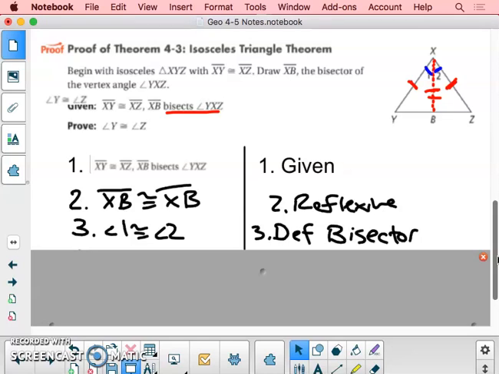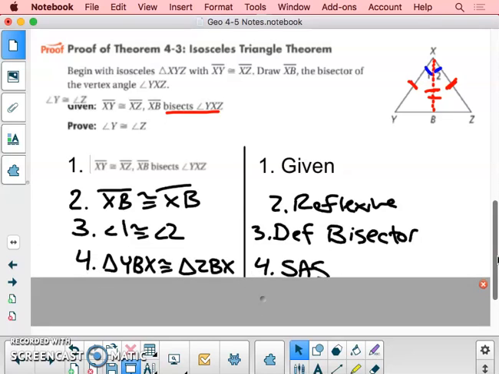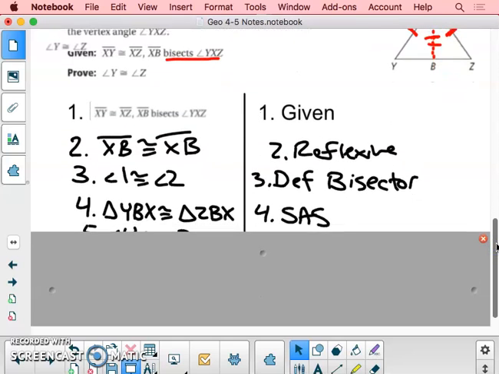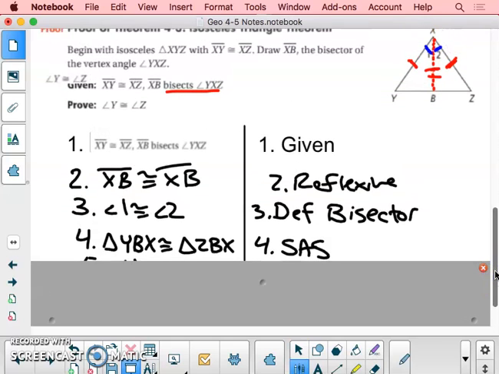In both of these triangles, we have two pairs of sides congruent, the ones that were given, and then the auxiliary line, and then we have the angle in between. So we can do a step to say side, angle, side says the triangles are the same. And what you learned in section 4.4 is if those are congruent, that means that any corresponding parts of the triangles have to be congruent.